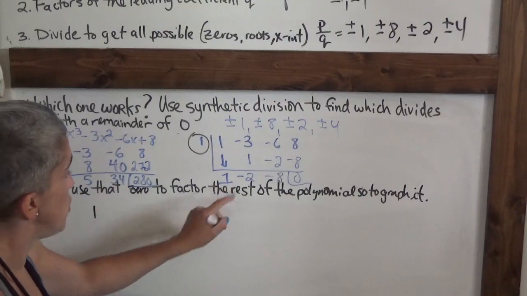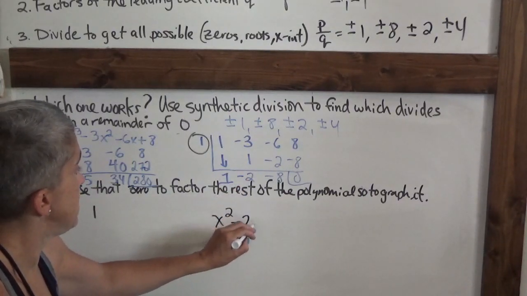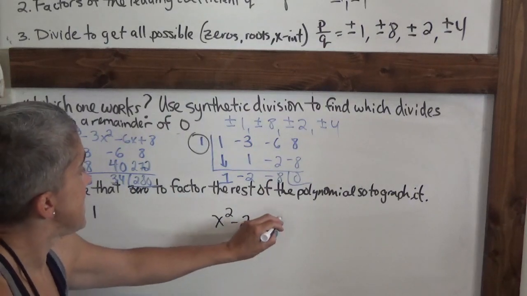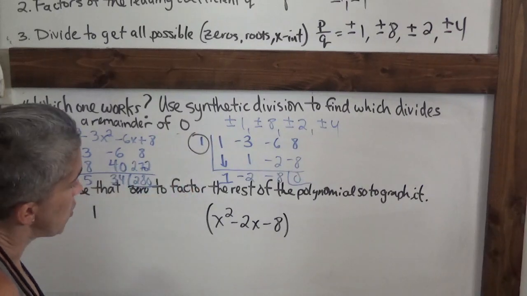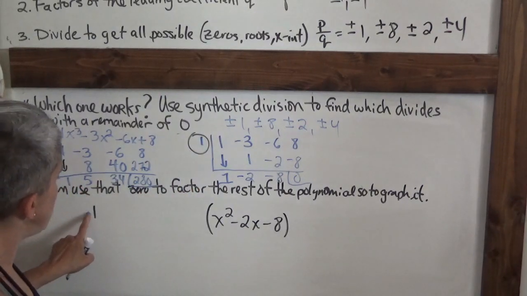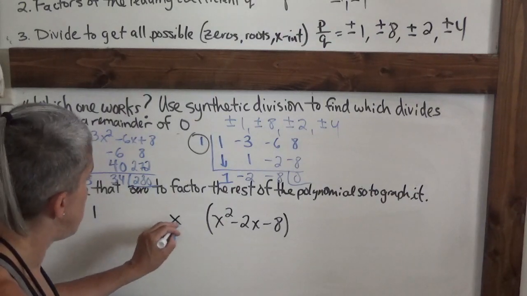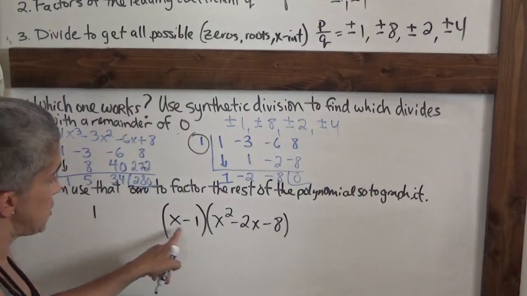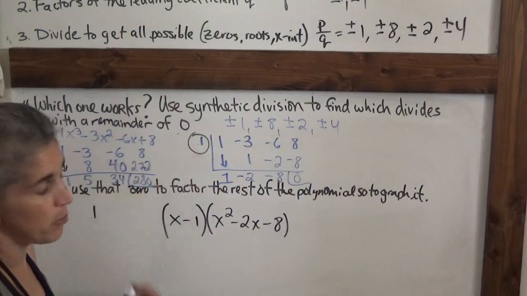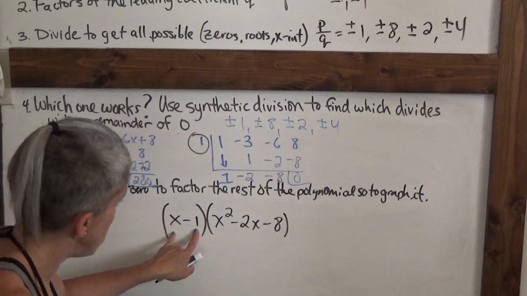So this is 1x squared minus 2x minus 8. Now, this was a 0, the number 1. If I wanted to know what this was before I got it to be 1, and we talked about working backwards in a previous video, it would have been x minus 1. Because if I make this equal to 0 and solve it, I would get the number 1. So I got a possible zero here.